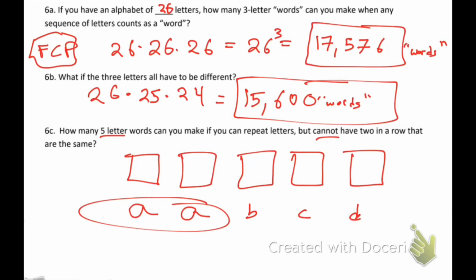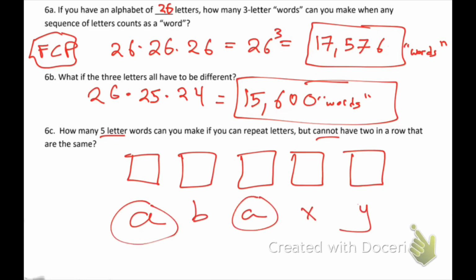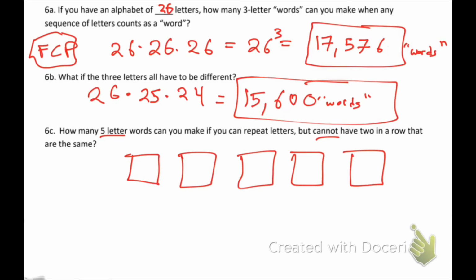So that wouldn't count. What about this? Could I go A, B, A, X, Y? Even though I'm repeating these 2 letters, it's okay because they're not next to each other, they're not in a row. So hopefully you guys see A, B, A, B, A. That's okay because there's no repeating in a row. They're not next to each other.